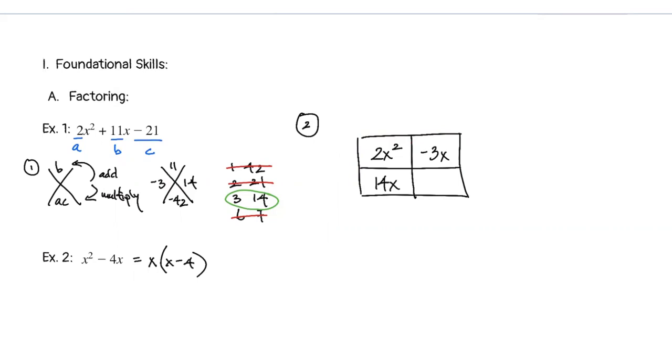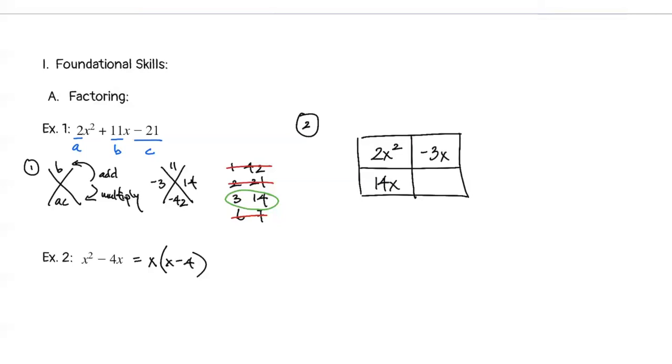Well, like 2x squared times 1 makes 2x squared. Sure. What else can we multiply to make 2x squared? Two times x squared, for sure. Okay. What else can we multiply to make 2x squared? X. Yeah, an x and a 2x, right?